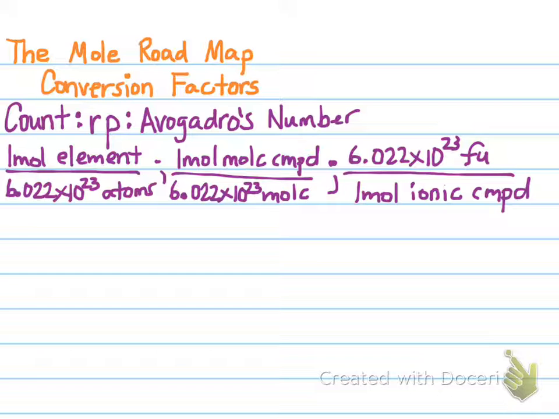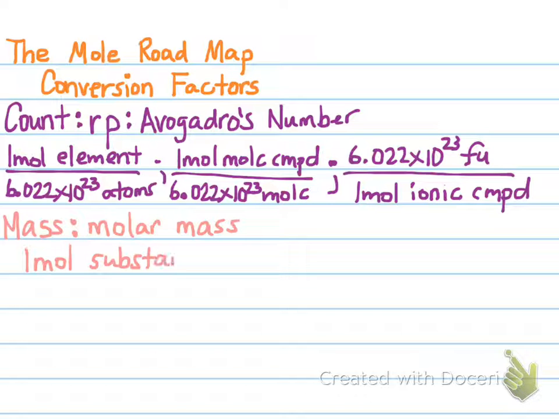Our second way that we talked about measuring matter was mass. And that tool has a special name. It's called molar mass. Our tool for molar mass is 1 mole of substance over our number of grams of that substance.